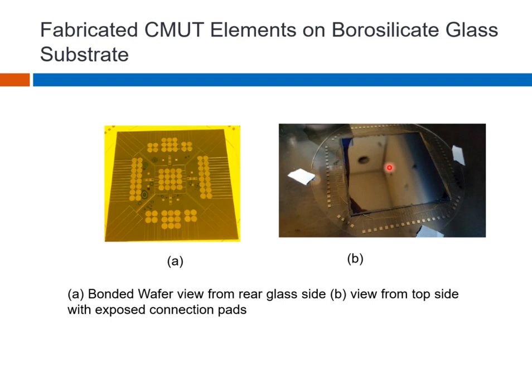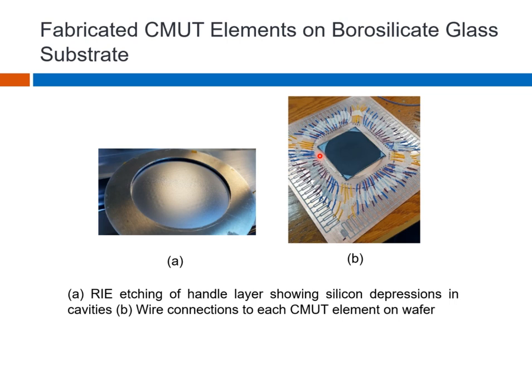So you can see the silicon plate is bonded over the CMUT features, which are in the glass, 10 micrometer deep in the glass. And you take the wire connections from the connection pad, and then you have the impedance analyzer to measure the impedance. So this is how it looks like. On the right hand side, you have these wires, and you can take the measurements.